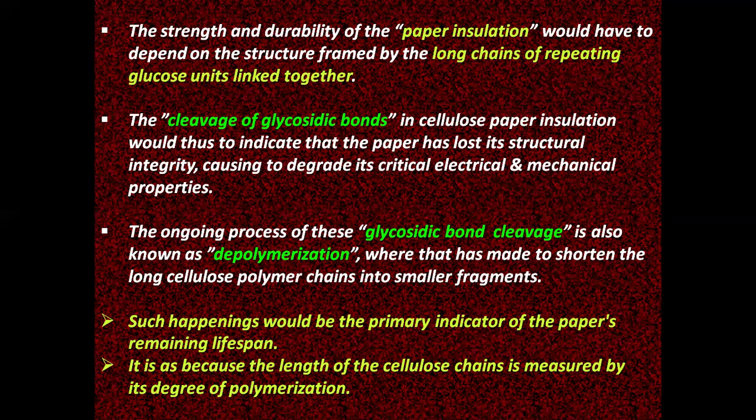The ongoing process of this glycosidic bond cleavage is also known as depolymerization, which shortens the long cellulose polymer chains into smaller fragments. Such happenings are the primary indicator of the paper's remaining lifespan, because the length of the cellulose chain is measured by its degree of polymerization.